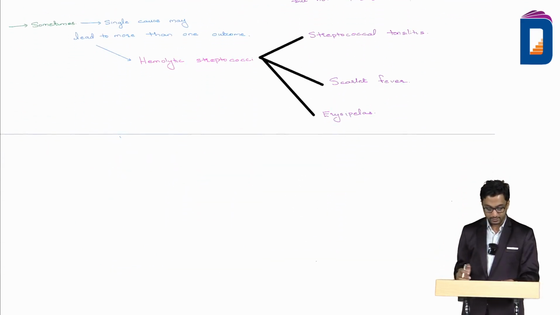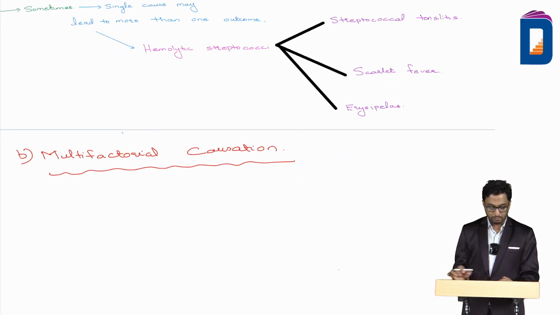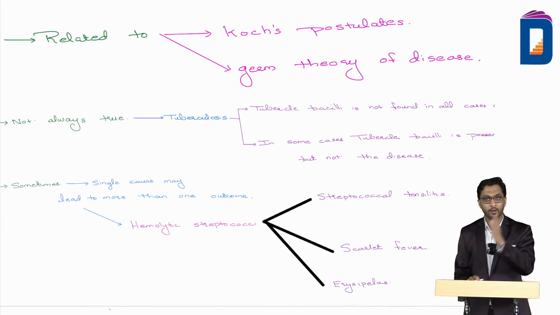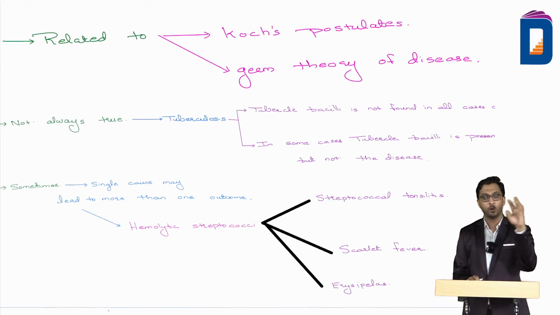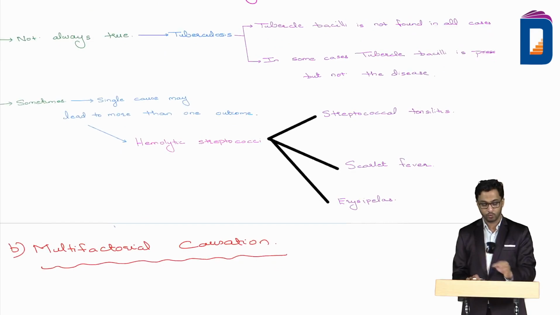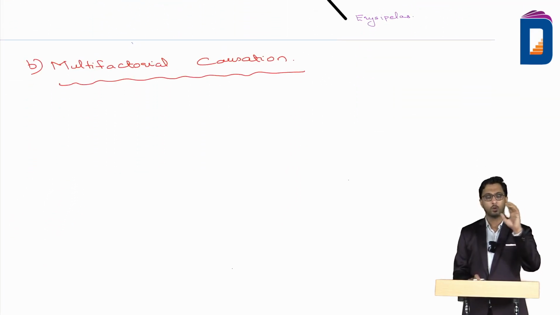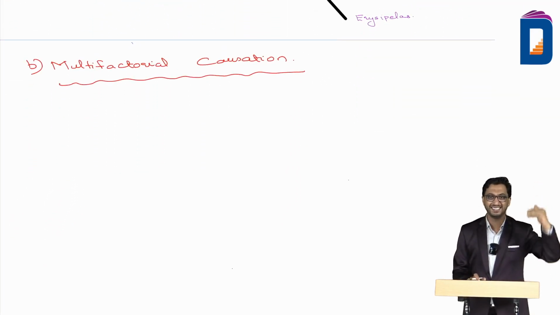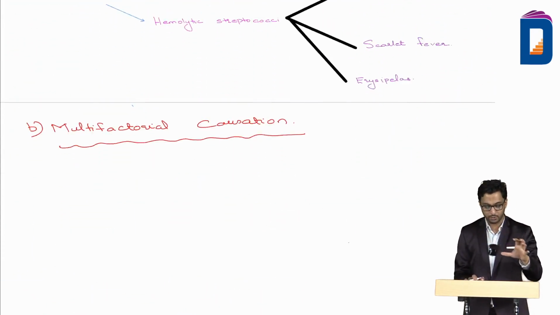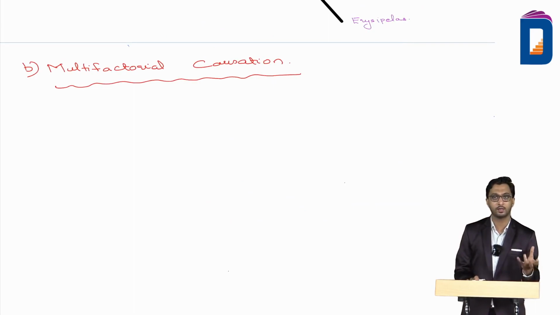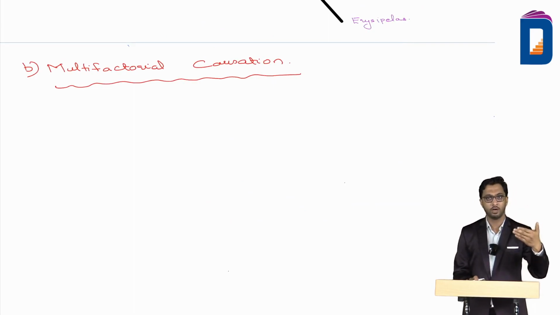Now you come across multifactorial causation. So we studied one agent, one disease, and one agent, multiple diseases. Now we are going to come across one disease with multiple agents. Multiple factors are involved.